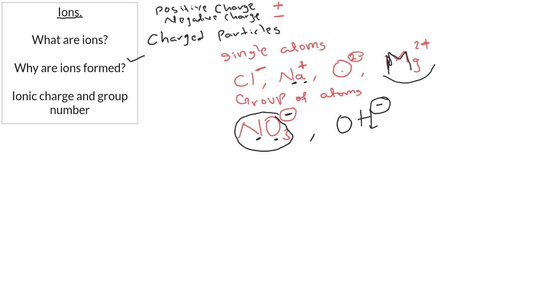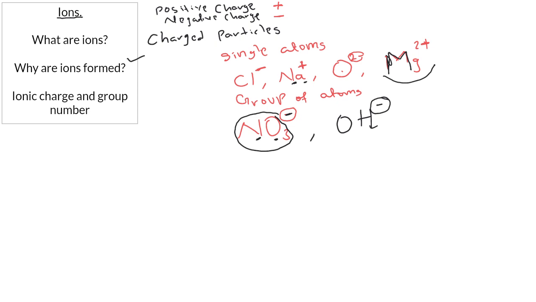Now, another thing for you to keep in mind is that ions are formed when electrons are lost or gained. Let me pause a little bit here to explain some more details about the structure of an atom.